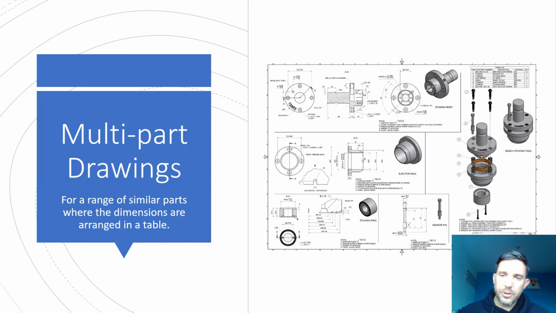So on a multi-part drawing, you can basically have a whole assembly of something self-contained. So on here we've got 1, 2, 3, 4 parts, and then we've got the assembly to show you how to put all of those bits together. So multi-part drawings are good for a range of similar parts where the dimensions are arranged in a table.